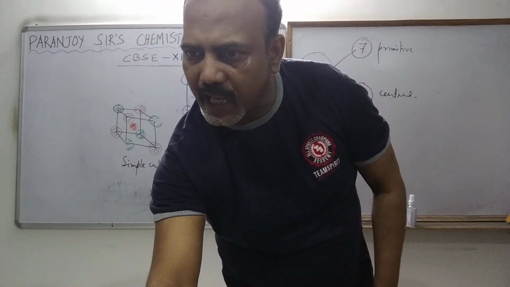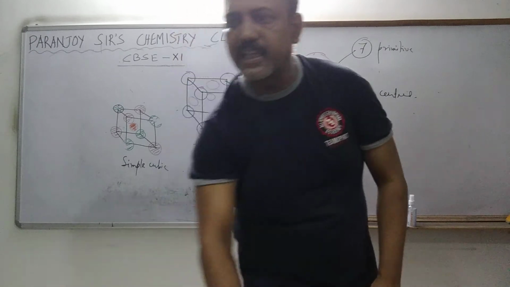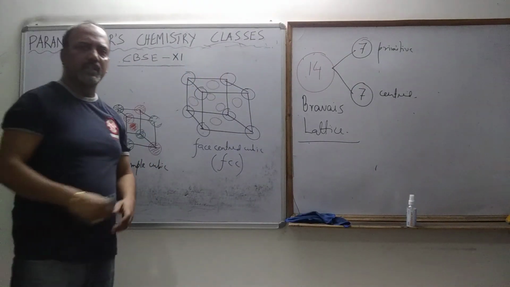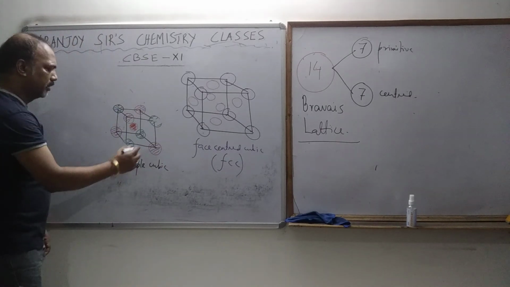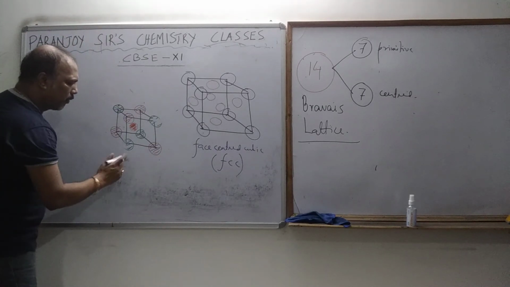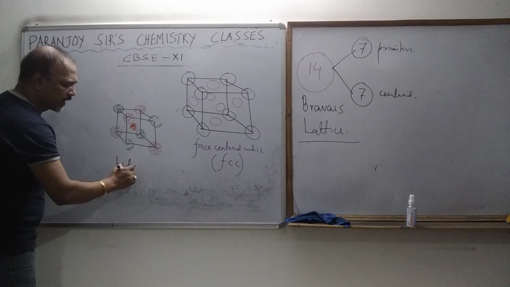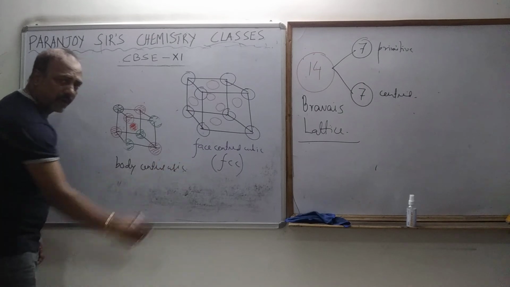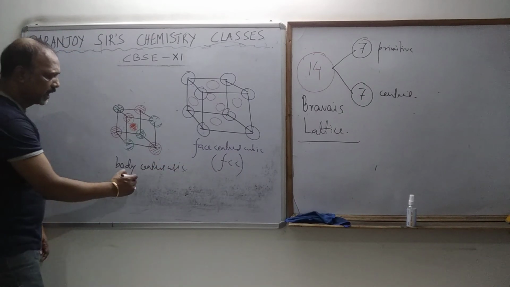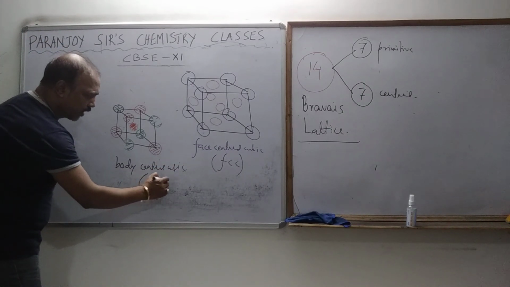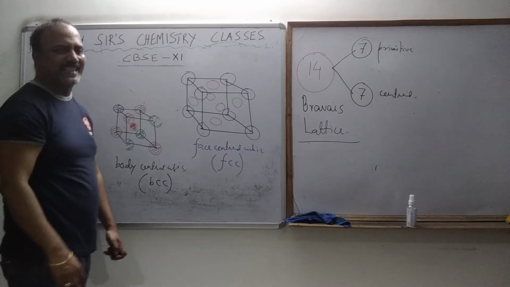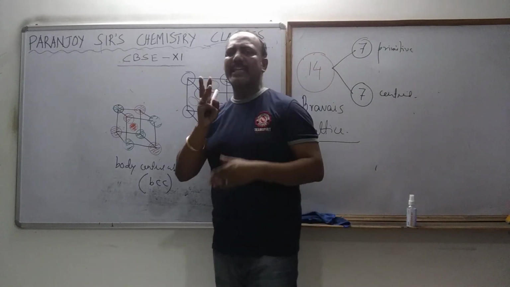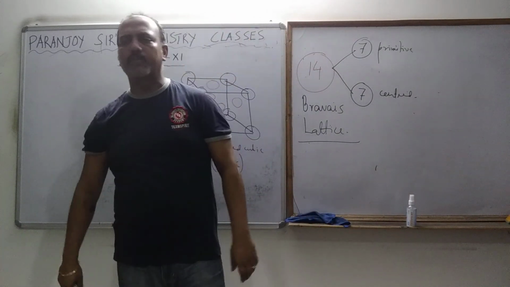If it is like this, then this type of unit cell is called body-centered. From the word itself you can understand that. Body-centered cubic unit cell, and we also call it BCC. So mainly 3 types of cubic unit cell.